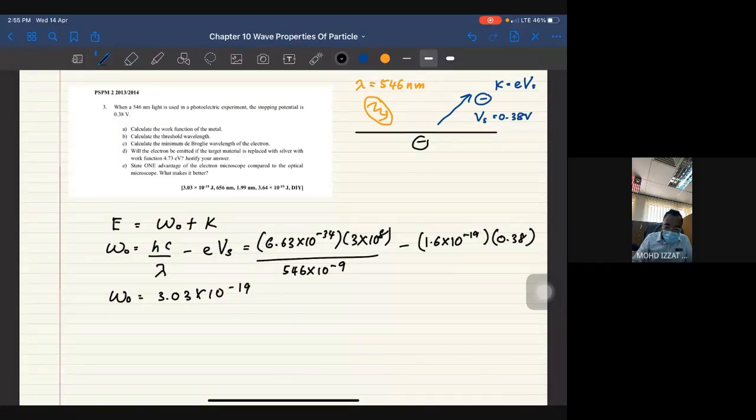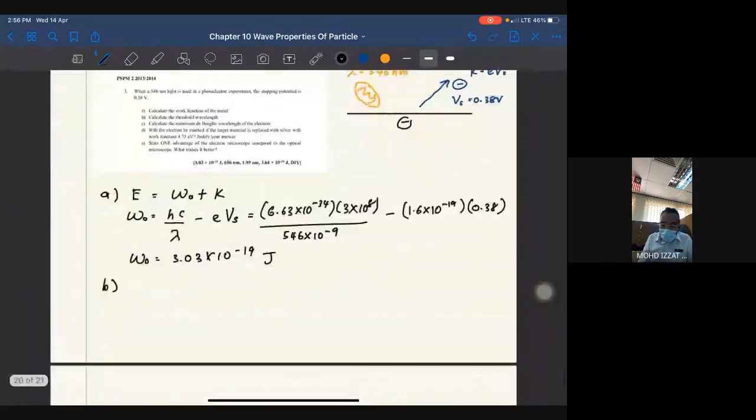Obviously, you can convert this one to eV, but the question didn't ask, so I'm not going to convert it. I'm going to leave it like this. Okay, question B, calculate the threshold wavelength. So how do you want to calculate the threshold wavelength?